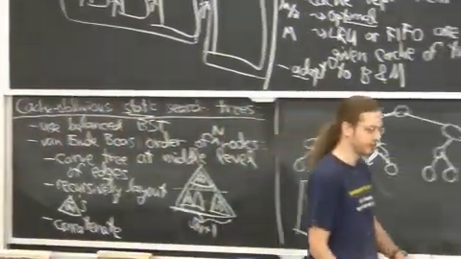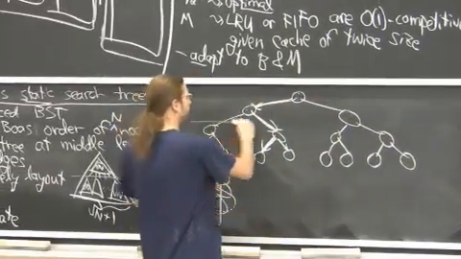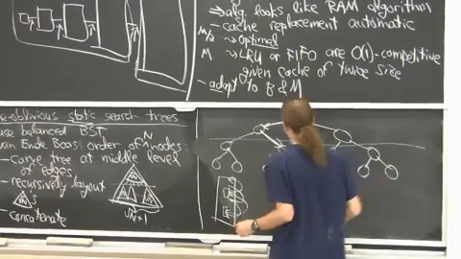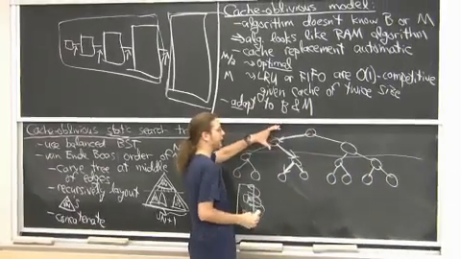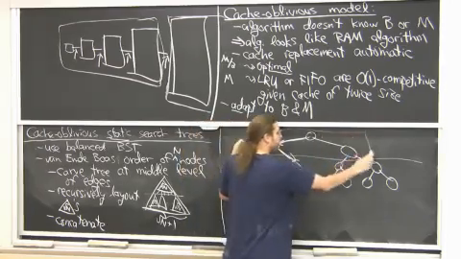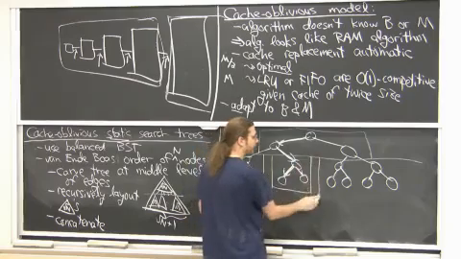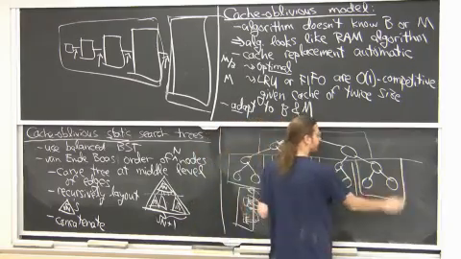Let's apply it to this tree. So I split in the middle level, and I recursively lay out this triangle up here. Draw it as a box. Then I recursively lay out this. Then I recursively lay out this, and this, and this.